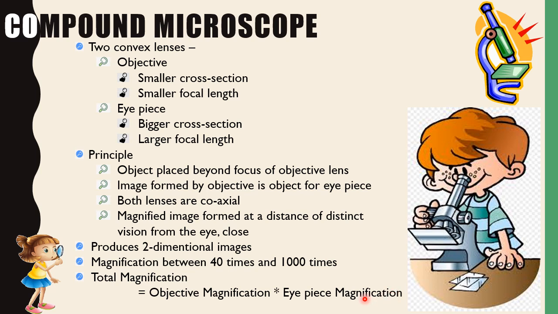Thereby, we make use of two convex lenses here. Both the convex lenses are magnifying, and we get a total magnification which is the product of the magnification produced by the objective lens and the magnification produced by the eyepiece lens.